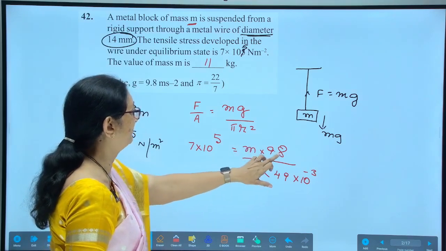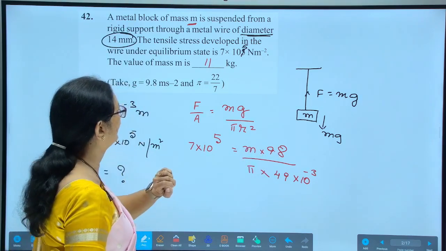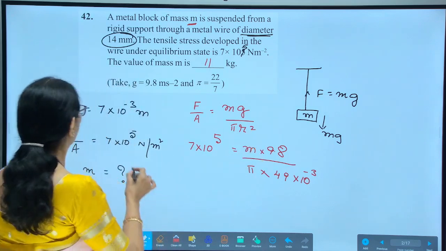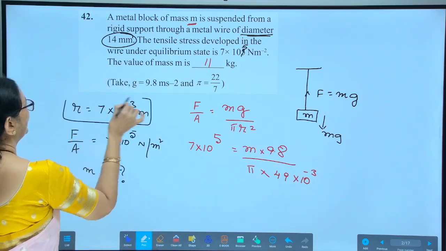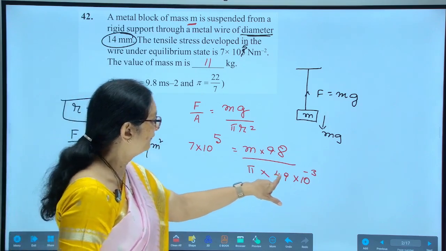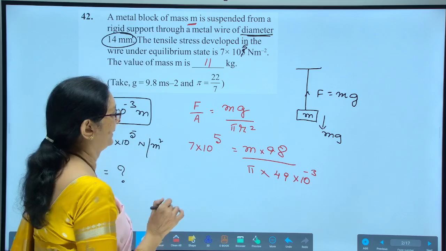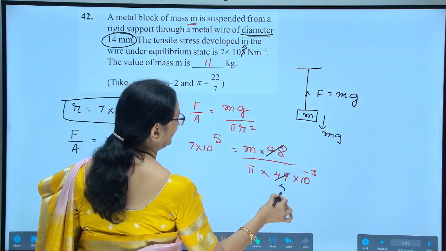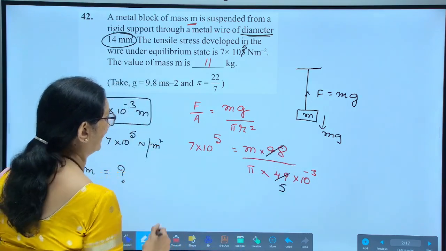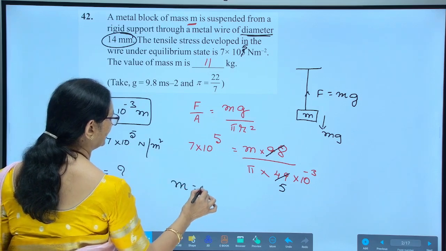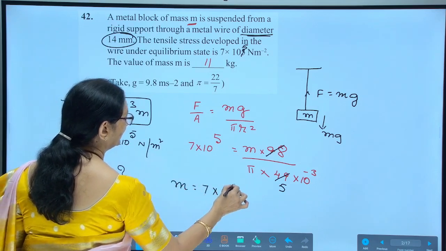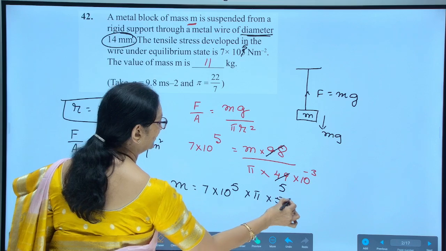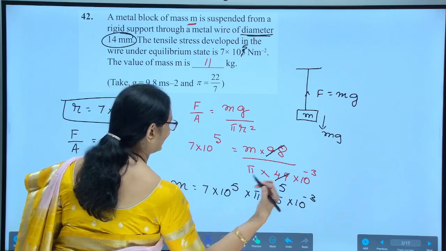Mass attached is m. g is given as 9.8 meter per second square. Pi into r square, where r square is 7 into 10 power minus 3 whole square, so 49 into 10 power minus 6. So, let us carefully do the calculation part. So, mass is equal to 7 into 10 to the power of 5 into pi into 5 into 10 to the power of minus 3.